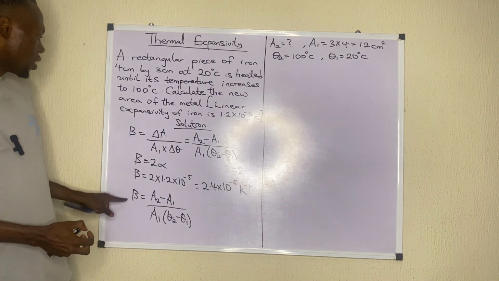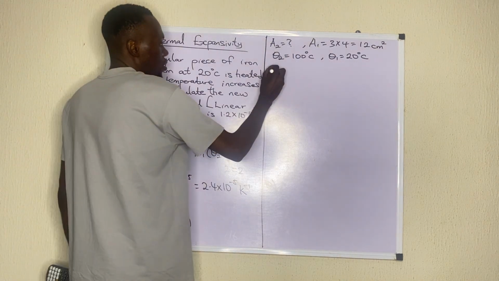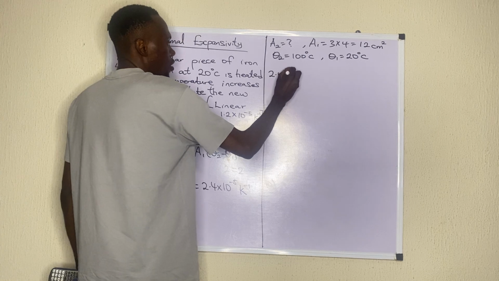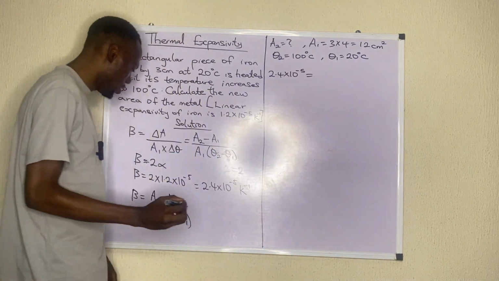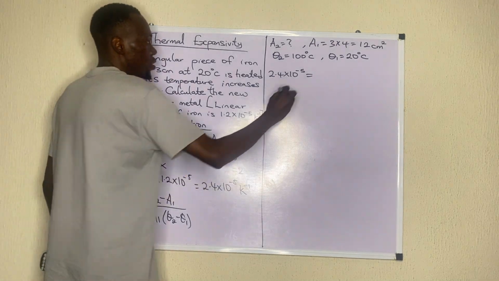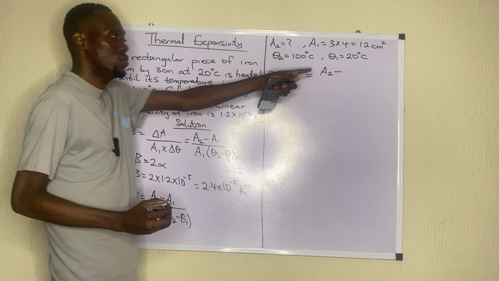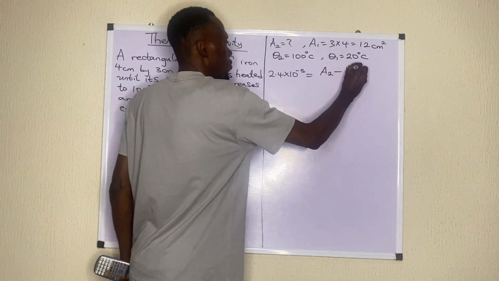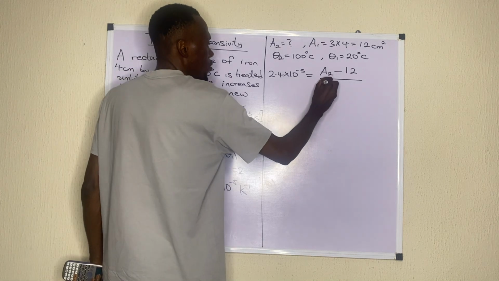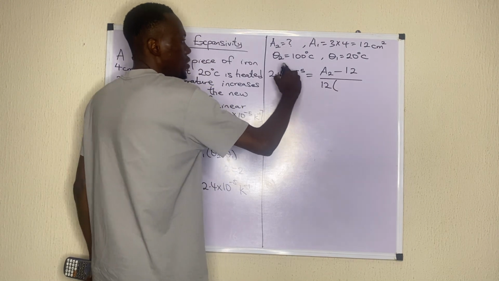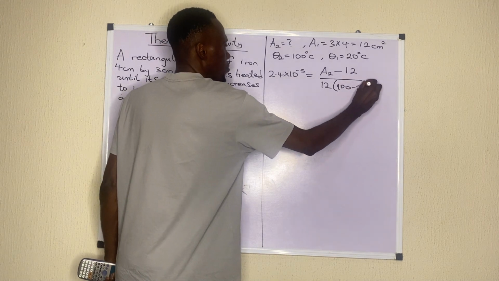So beta, which is 2.4 times 10 raised to the power minus 5, which is the superficial expansivity, is equal to A2, which is what we are looking for, minus A1. We got that as 12, divided by A1, which is 12, multiplied by theta 2 minus theta 1, 100 minus 20.